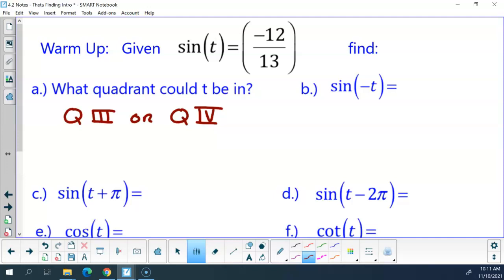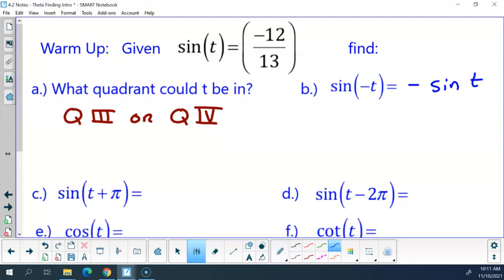Then, letter B said we want to know what the value of the sine of negative t is. And if I look at my trig identities pink sheet, this is formula number 2 on that one. That says that the sine of negative t is equal to negative sine of t.